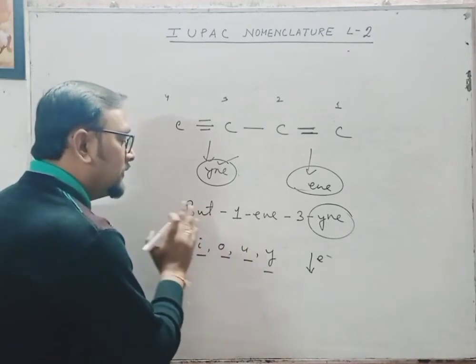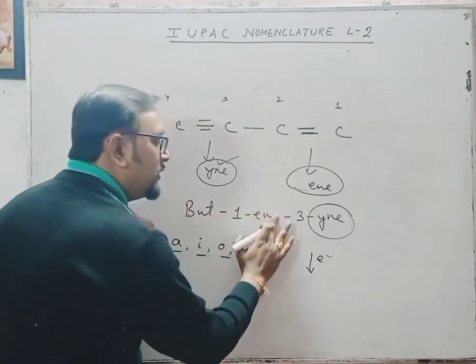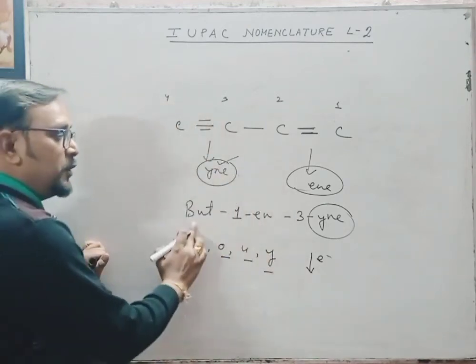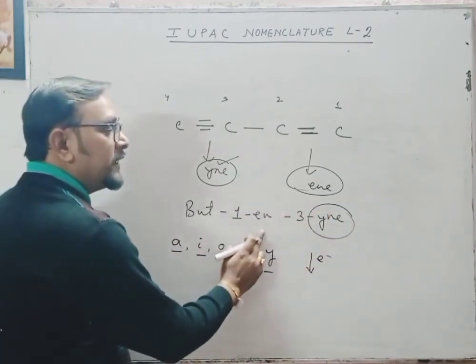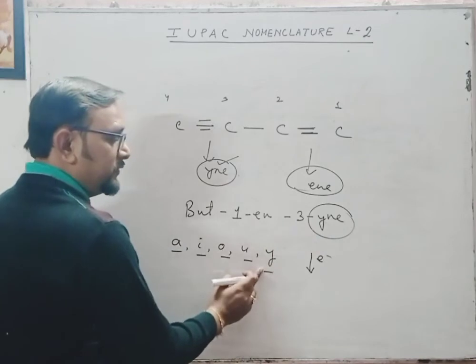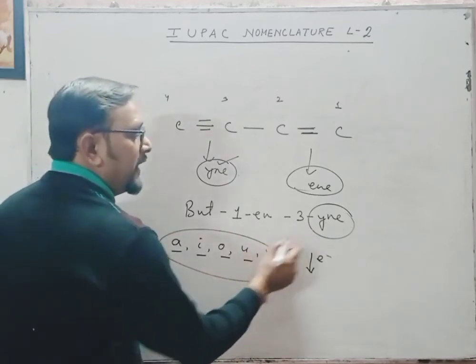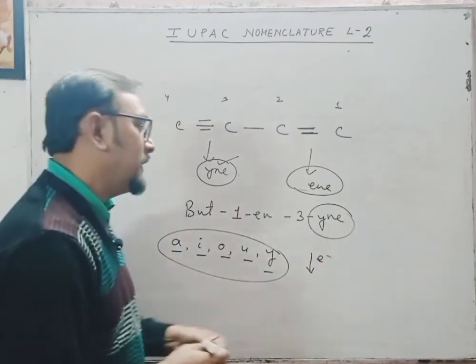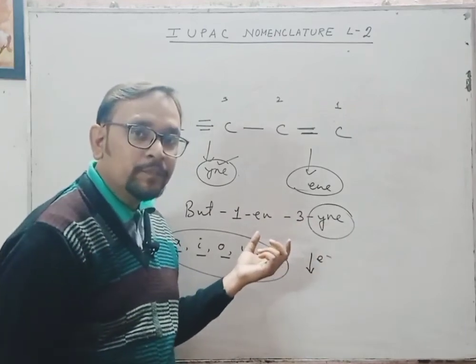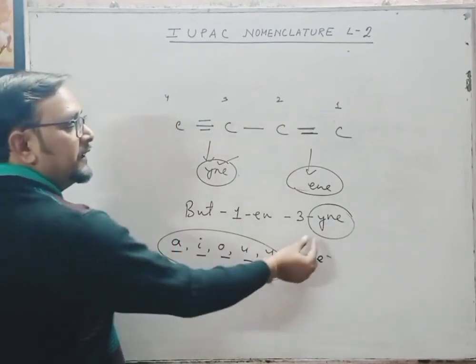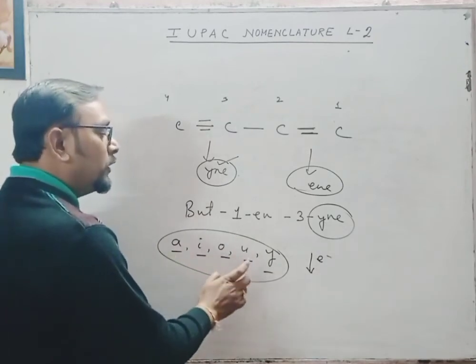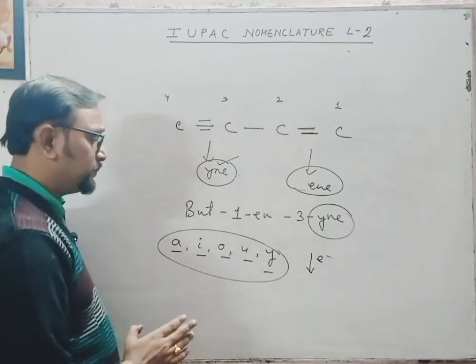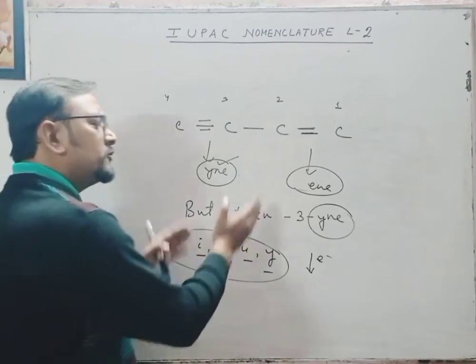So my final name will be but-1-en-3-yne, because here you can see that y comes. You see the final suffix is starting with y, because two suffixes are being used here, isn't it? If the final suffix starts with a, i, o, u, or y, then always drop the e.